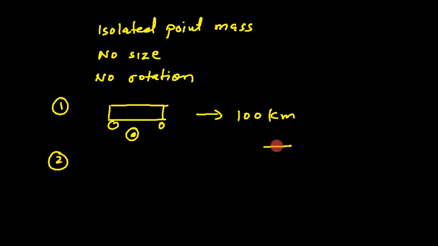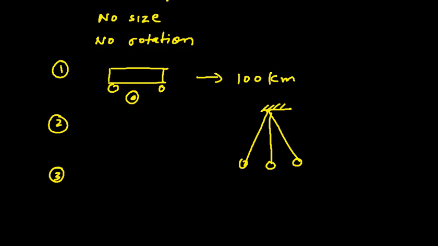Similarly, suppose this is a simple pendulum and the bob is swinging like this. We can consider the bob as a particle. Third, suppose you are traveling in a spacecraft towards the moon or any other celestial body. Well, the spacecraft can be considered a particle. So a particle is not necessarily a very small object as commonly imagined.